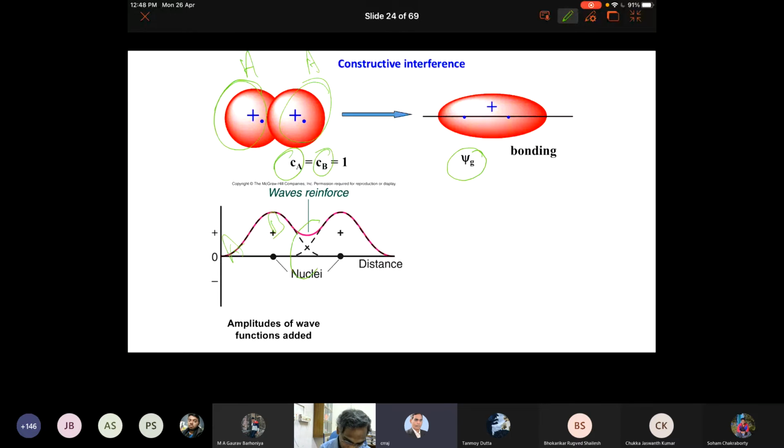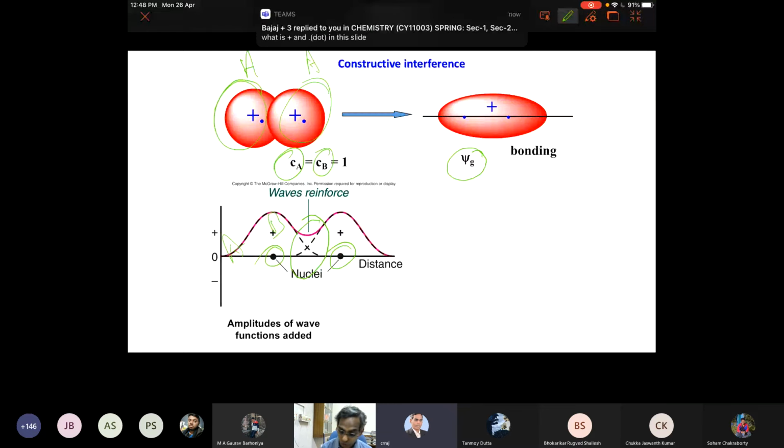These are the nuclei here, and the two waves reinforce. There are conditions for the waves to reinforce: number one, a similar symmetry, and number two, a similar energy. If these two are not there, we cannot talk about reinforcement of the waves.